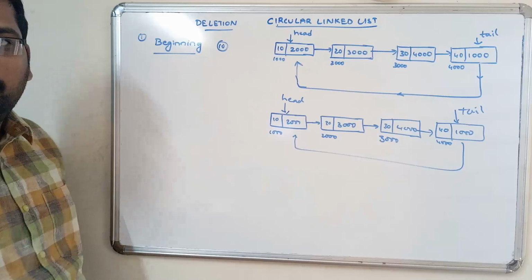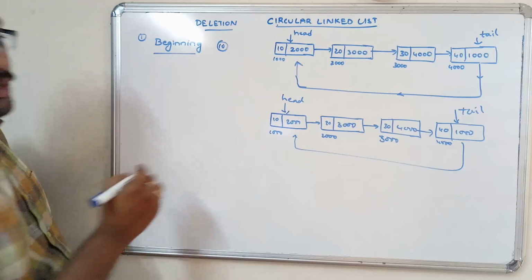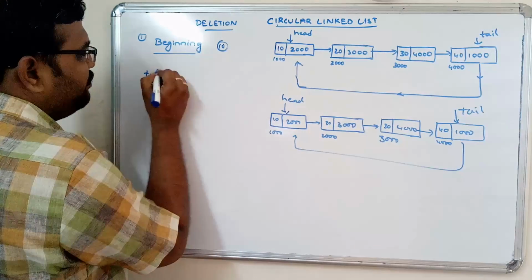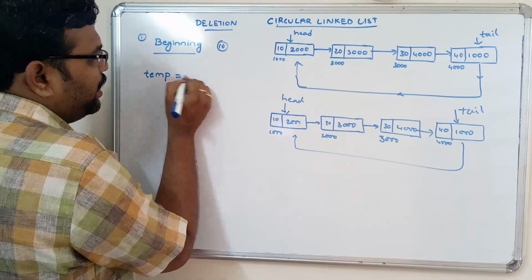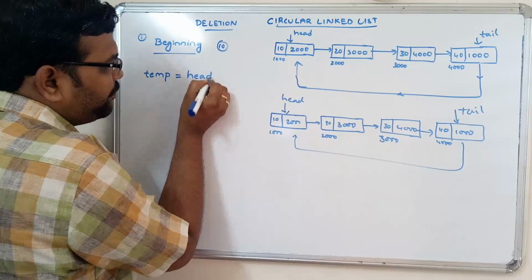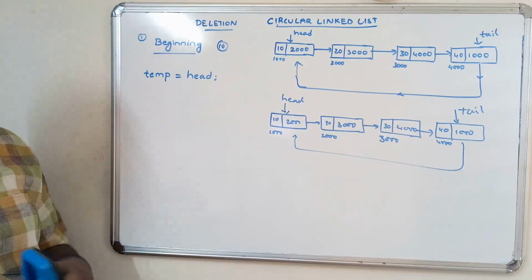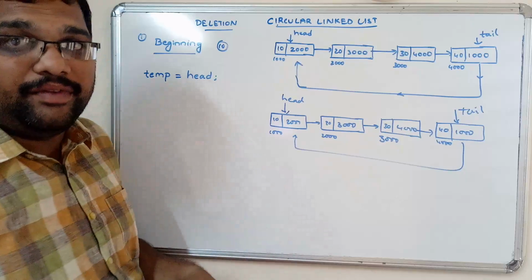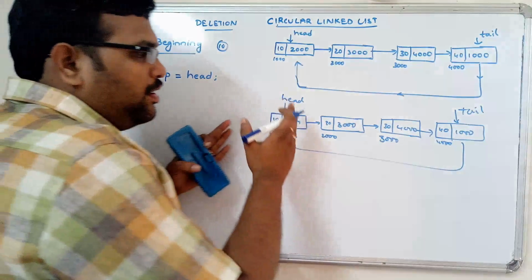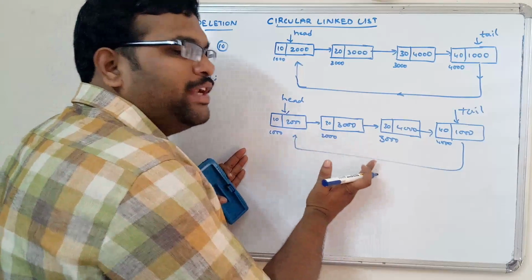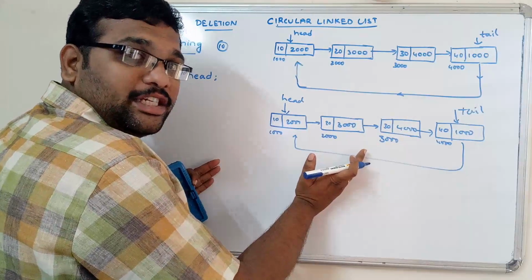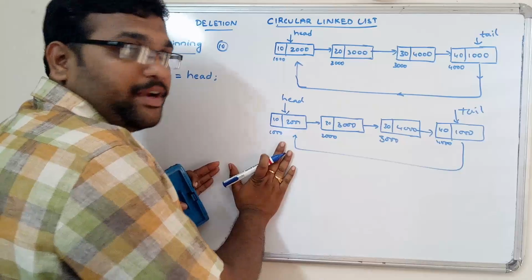Head and tail. Right. So we should not change the head. So first I will assign head to a temporary variable. I am now moving the head from the first position to the next position, because we are deleting the first element.